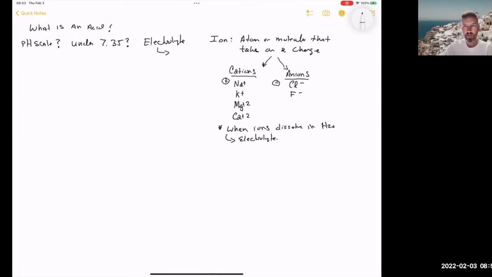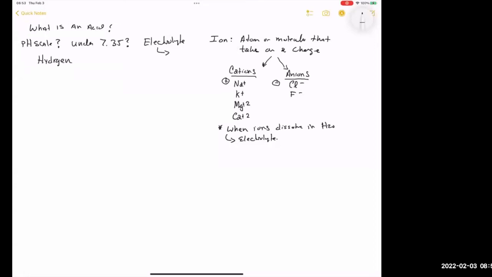So when somebody mentioned that maybe acid has something to do with electrolytes, you're moving in the right direction. And then somebody mentioned hydrogen. Yes, sir. Most of the acids have to have hydrogen in them.